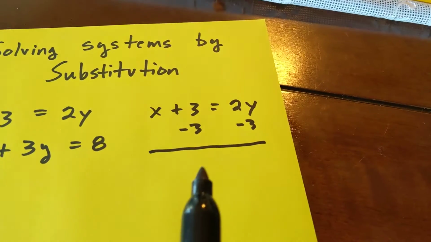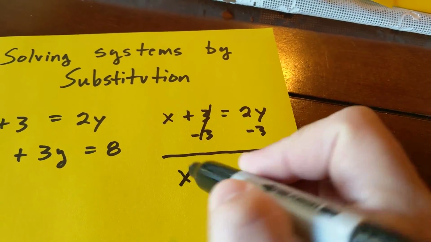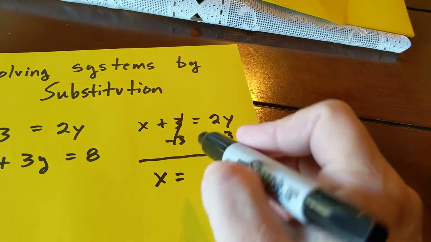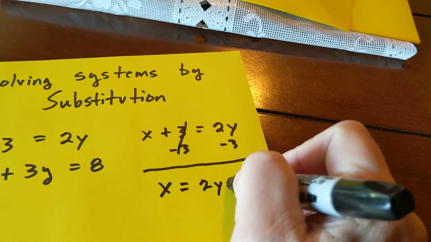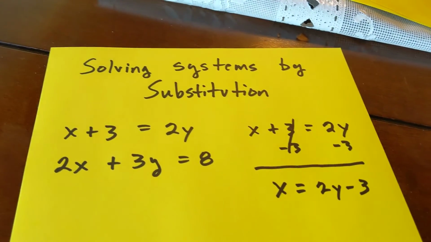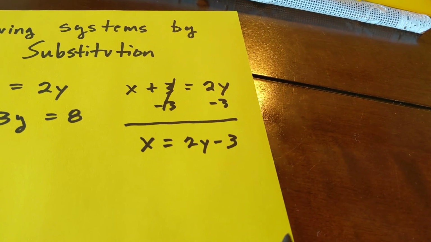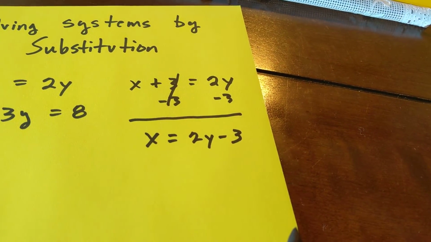Now notice if I subtract 3 from both sides, these are going to cancel, and I'm going to have x equals 2y minus 3. So what I've done there is I've taken that equation, x plus 3 equals 2y, and I've solved it for x. I've isolated x on one side.